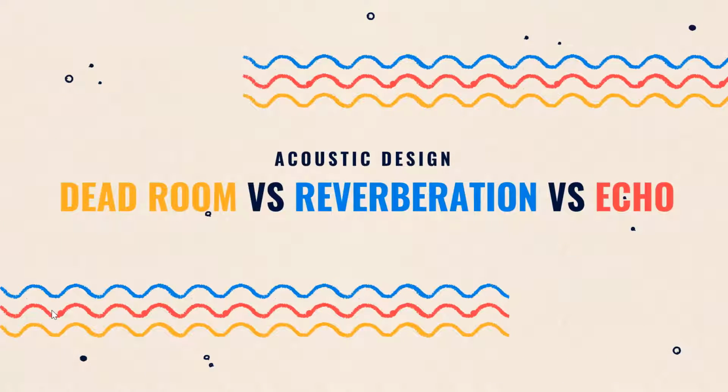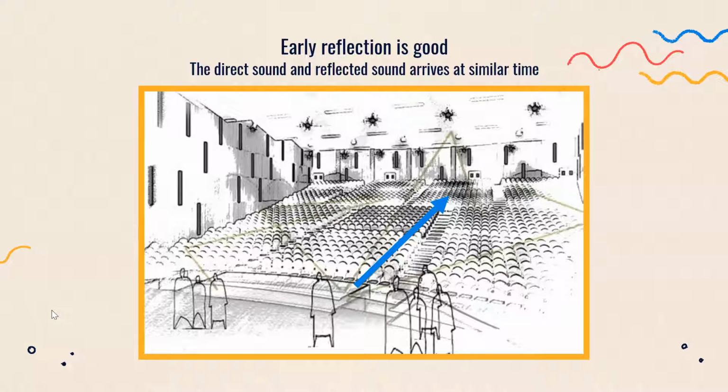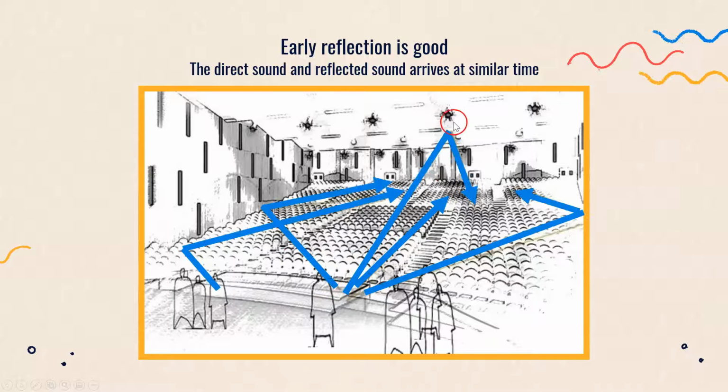So what is dead room, reverberation, and echo? Let's take this auditorium, for example. So when we talk in front at the stage, sound will reach audience directly. And some of the sound will be reflected at the ceiling or wall and then again reach the audience.